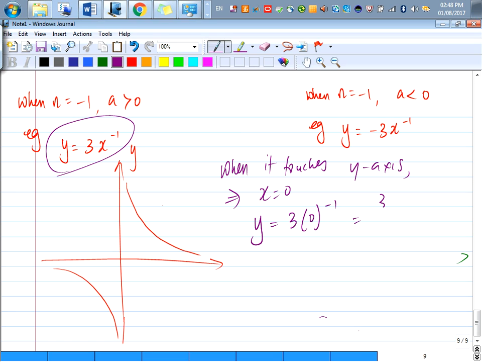Which is actually 3 over 0. Can you divide by 0? Then cannot. So this is undefined. That tells me that it cannot touch the y-axis.